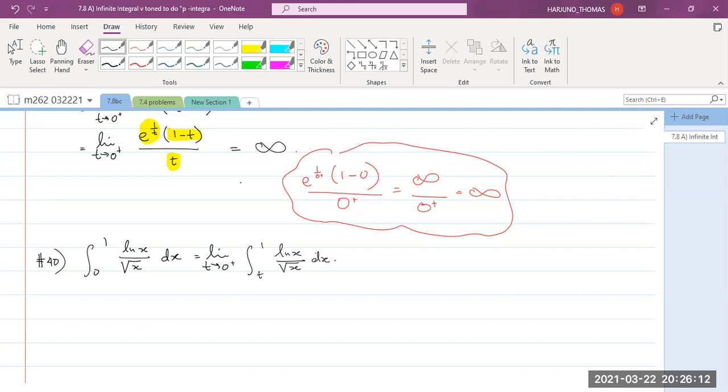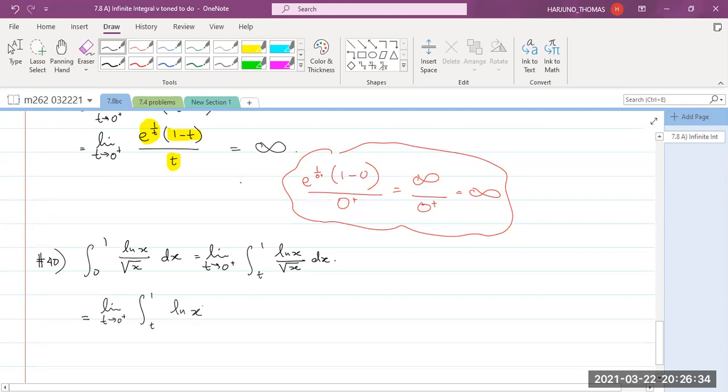Any idea? Let's write it this way: limit first. That's the limit as t goes to 0 from the positive side of the integral from t to 1. Natural log I will differentiate, and I will integrate 1 over radical x dx. Okay, hopefully we get something nice.